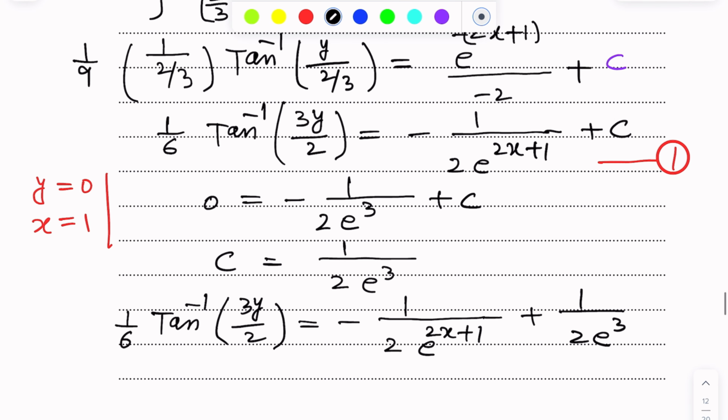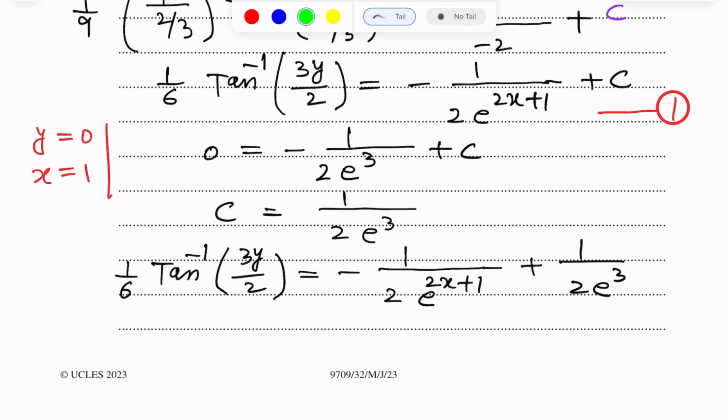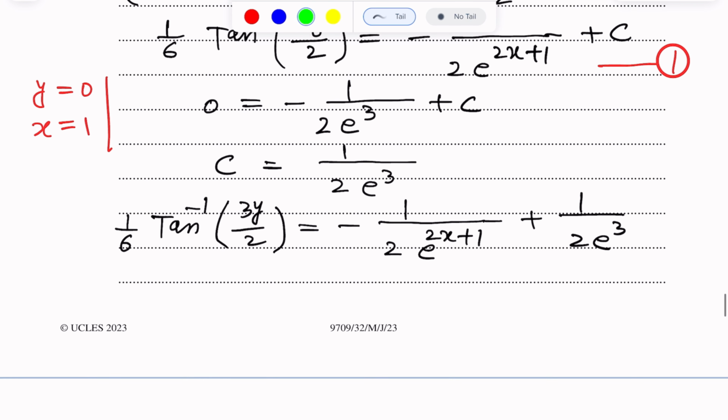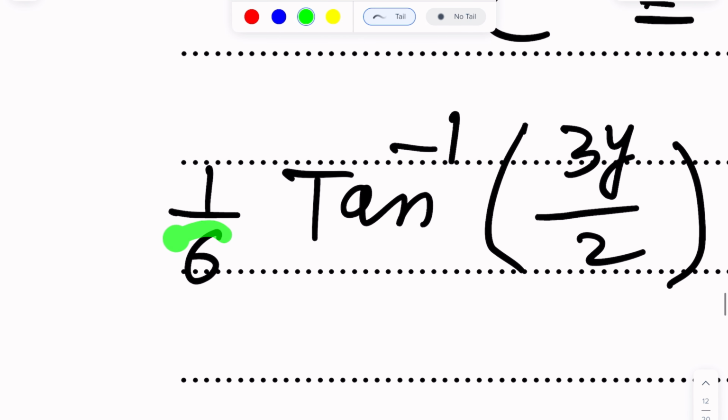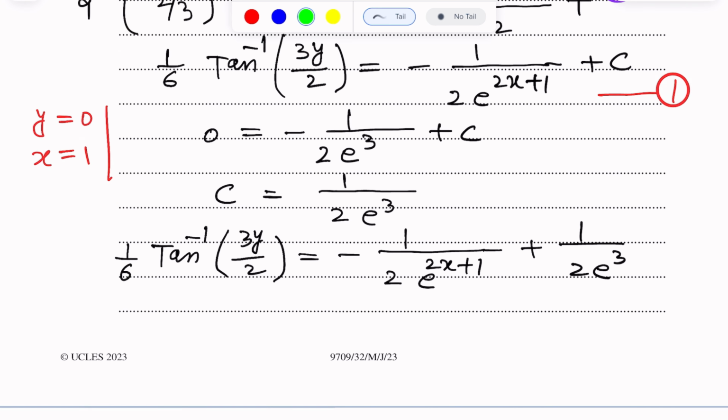Now from the right side we can take 1 over 2 common, and it will cancel out with 1 over 6.